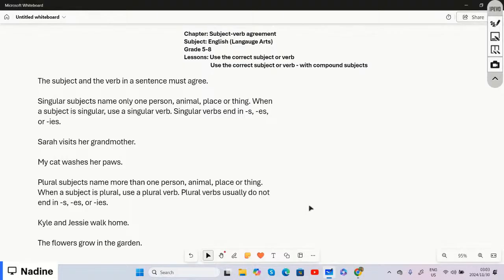And then the lessons that we are going to be focusing on under the chapter of subject verb agreement are to use the correct subject or verb, and to use the correct subject or verb with compound subjects.